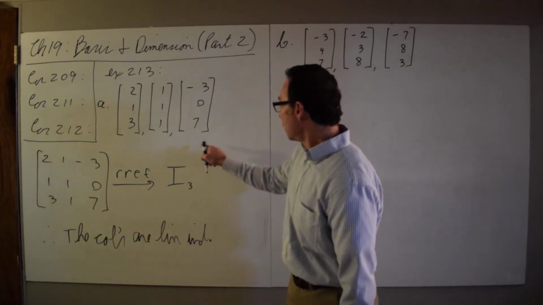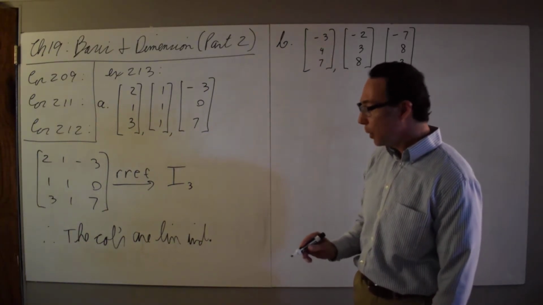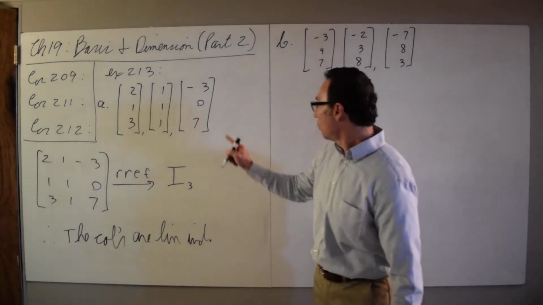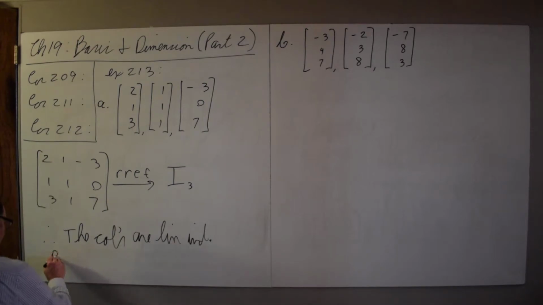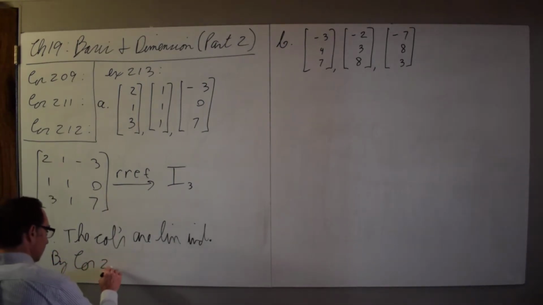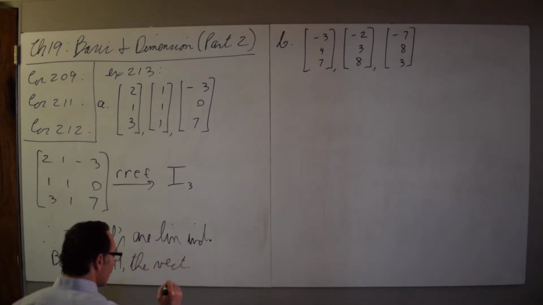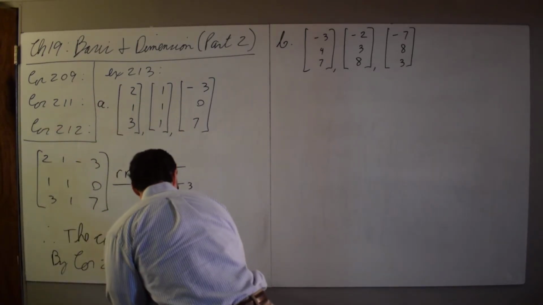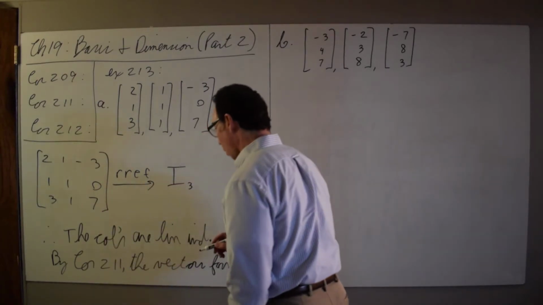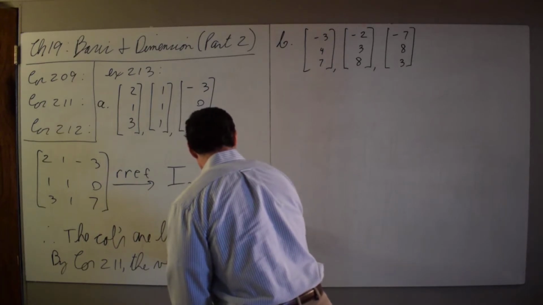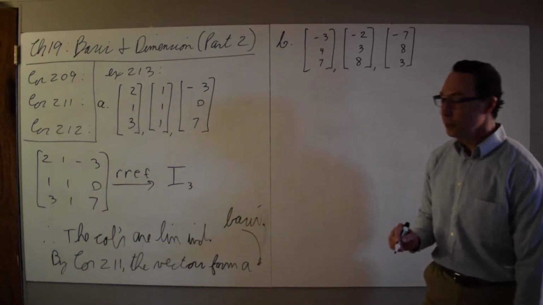That means the vectors are linearly independent, and so by corollary 211, the vectors form a basis.